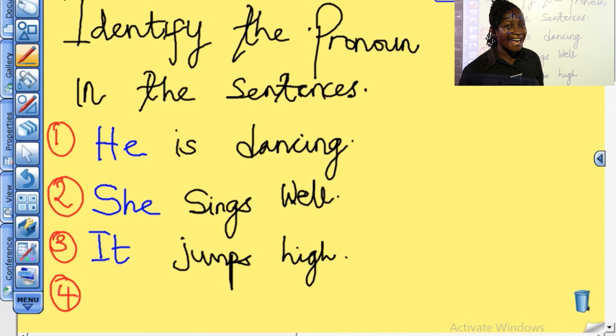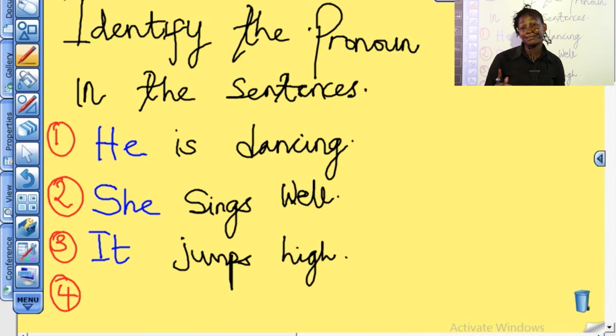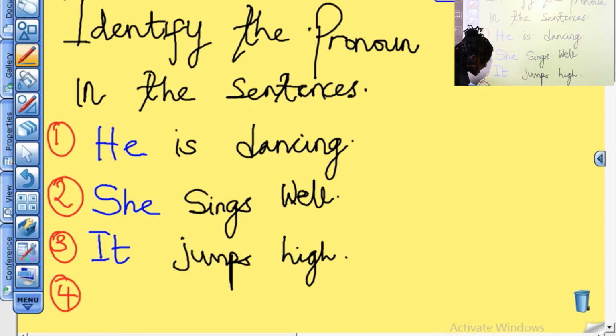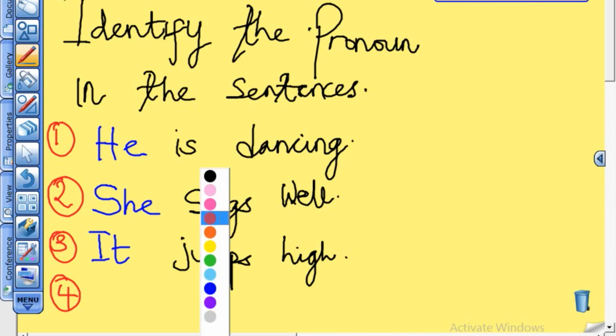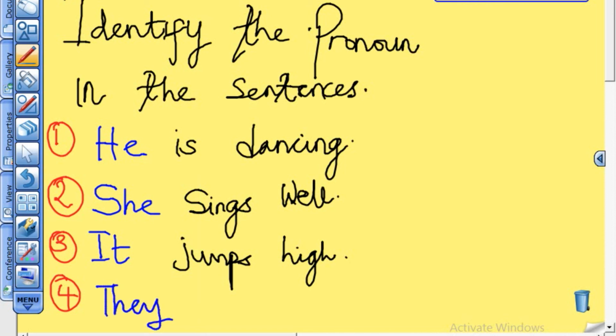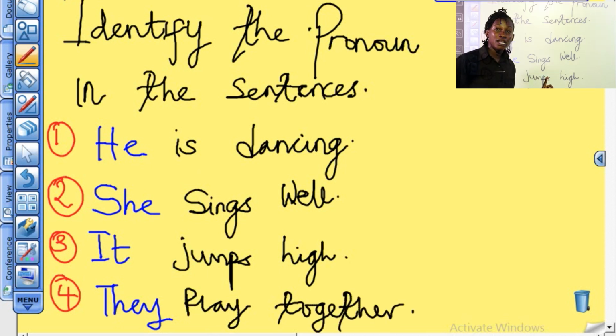Remember I gave an example, Clara, Sam, Victoria, Sanjay, they play together. They is used for more than one person. It could include the male and the female.